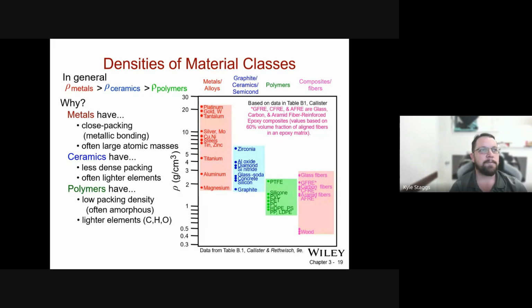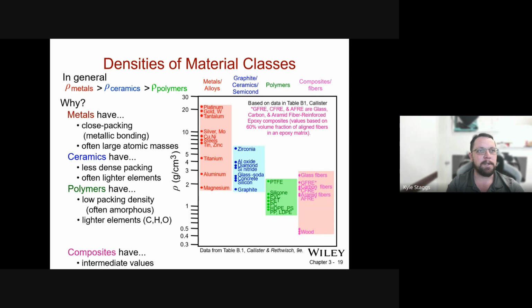The polymers have low packing density, and that's one of the biggest reasons why. The polymers are not sort of hard atomic spheres in the same way, so they have much more free space, very low packing density, very low packing efficiency, and they tend to be mostly lighter elements, carbon, hydrogen, oxygen being kind of the three most common components.